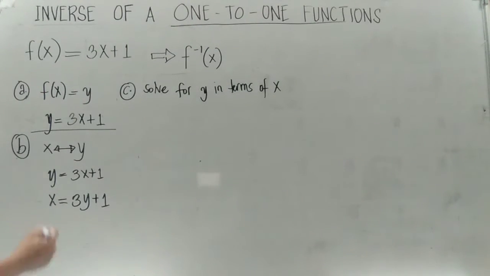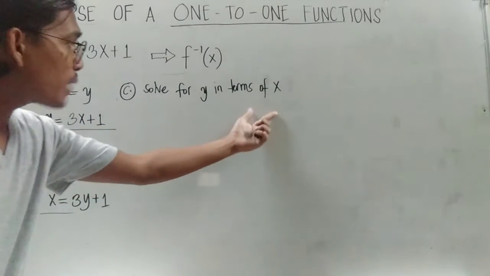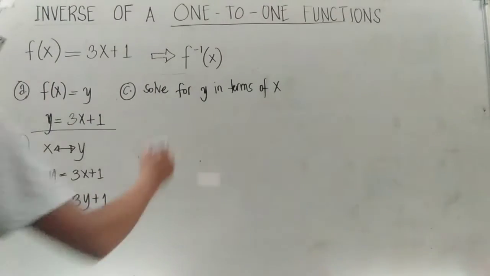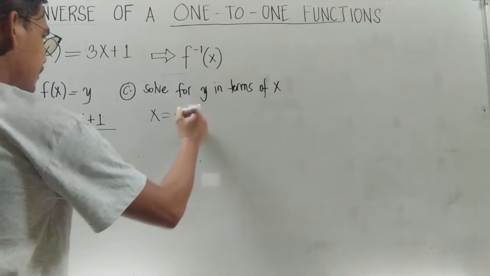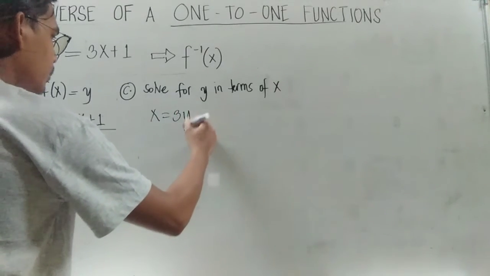So if you can see your equation in here, we have x equals 3y plus 1.